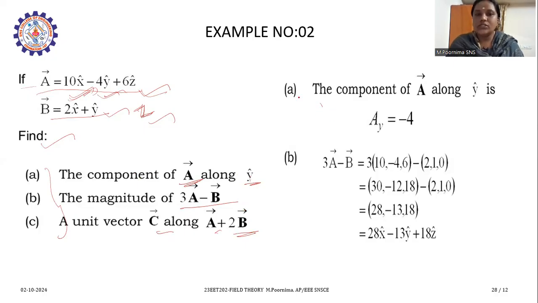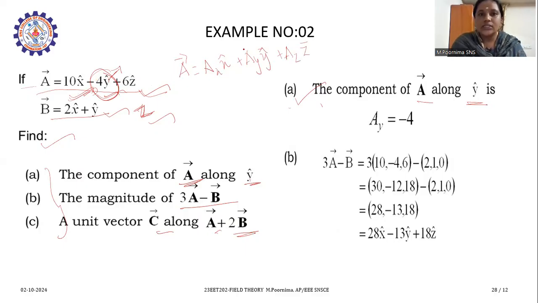First we have to find the component of vector A along y, that is Ay. We know the general vector A is equal to ax into x plus ay into y plus az into z.